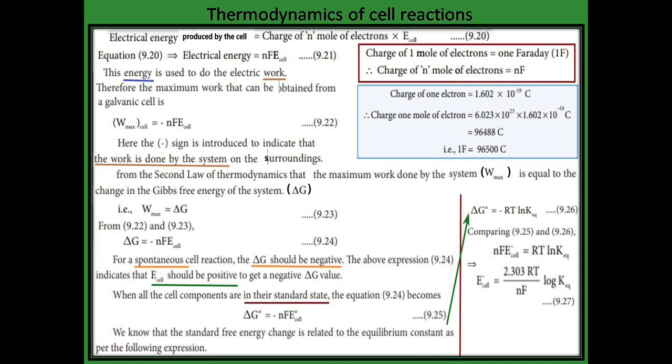Multiplying both, we get the value 96,488 coulomb. That is 1 Faraday, which is approximately 96,500 coulomb. This value will be asked in one word, so see the blue color box and then the maroon color box also. These will all be asked as one word.